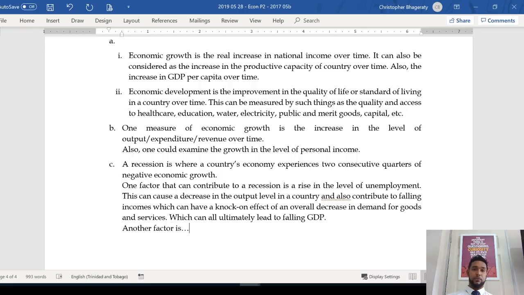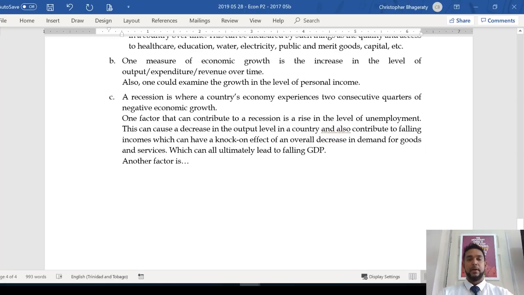All right. If we stick on this one too much, it's a nice question to be honest, but we could fast track and move on. Another factor is a balance of payments, right? This equilibrium.